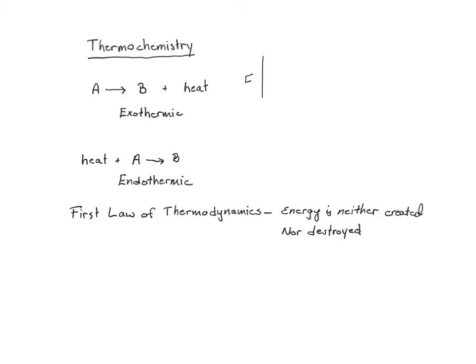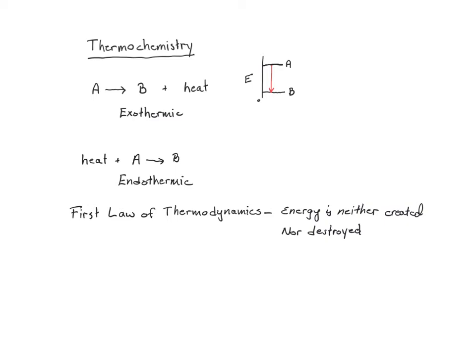Okay, when we look at the amount of energy that is stored in the bonds of chemical A, for this type of reaction, the energy that's in chemical A is greater than the energy in chemical B. Okay, so that means that in the course of this reaction, as we go from A to B, we are going down in energy, or we're decreasing the amount of energy that's there.